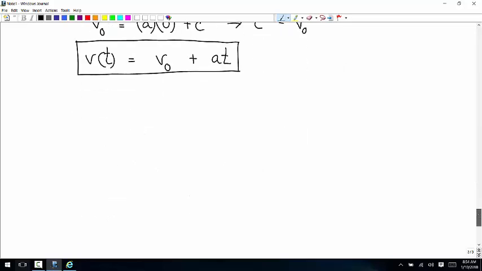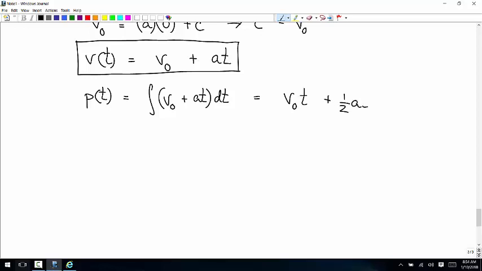And now we'll do the same thing to get the position. So position as a function of time is the integral of the quantity v0 plus at dt. And so that's equal to v sub 0 times t plus 1/2 at squared plus a constant of integration. And we know that when time is equal to 0, p is equal to p sub 0.